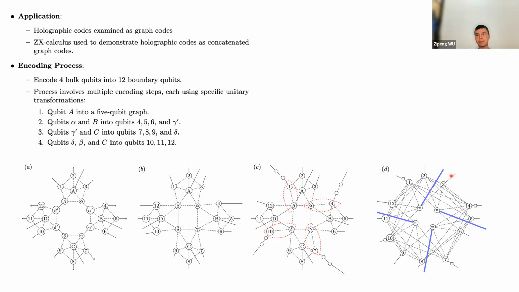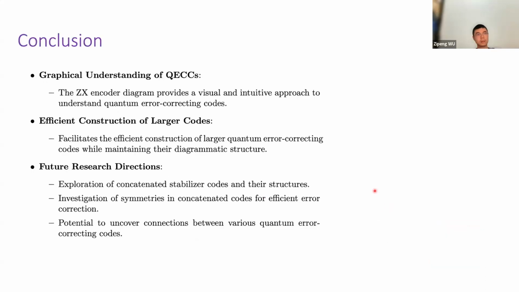So once this encoder diagram is given, we just remove the local Clifford operators, and the Z-gate on the input nodes can also be removed because it does not affect the code space. So in the standard form, with the control Z, the logical operator is well studied.